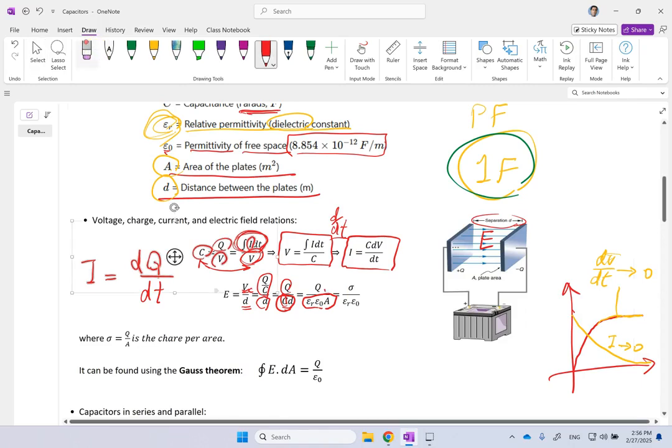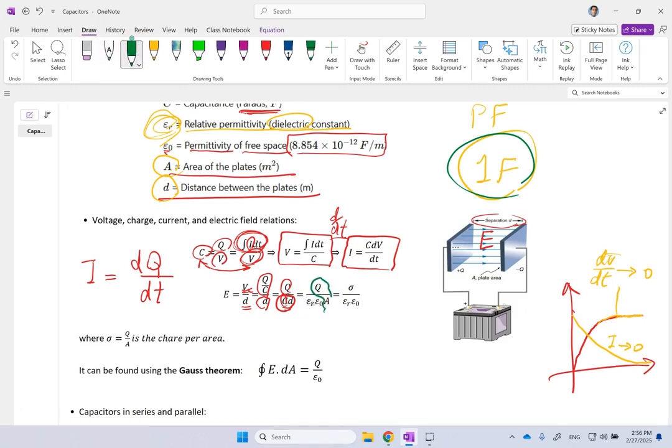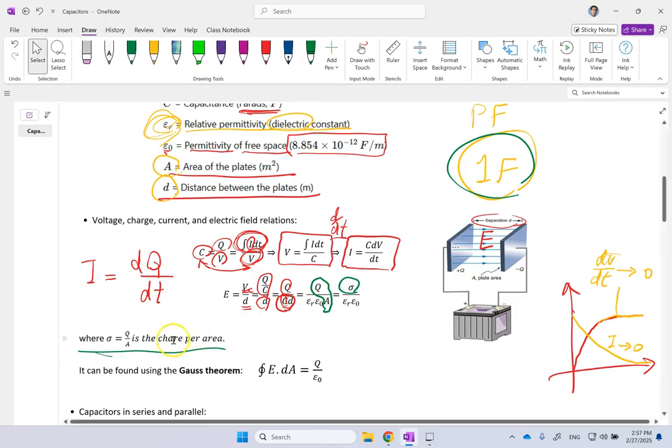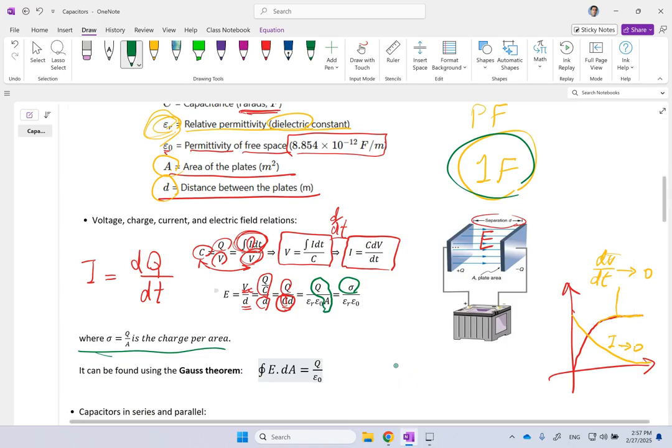And now here, this Q over A, the charge per surface area, is what we call sigma. Sigma is the charge per area, or density of the charge on the plates. It's the charge density on the plates. So if you divide that sigma by epsilon R epsilon naught, that is another way to say the value of the electric field.